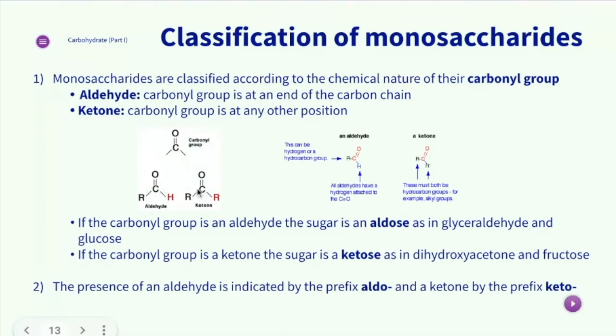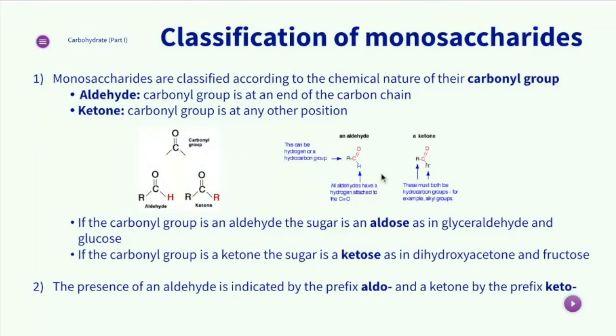For ketone, the carbon is double bonded with O and has R on both sides. So this is the ketone. You should identify in the structure whether the carbonyl has the aldehyde or ketone functional group. Usually for aldehyde, the carbonyl group is at the end of the carbon chain, and the ketone is usually at any other position.